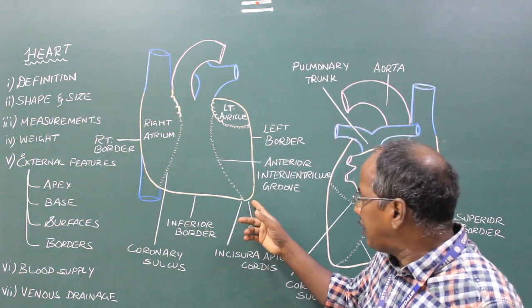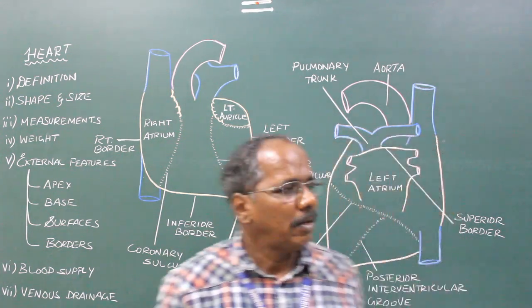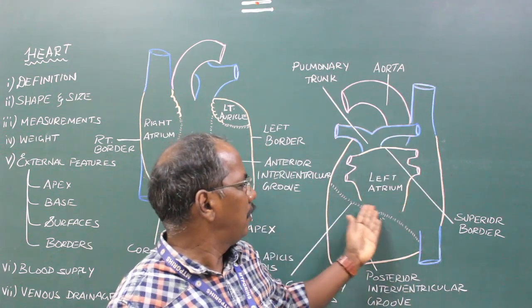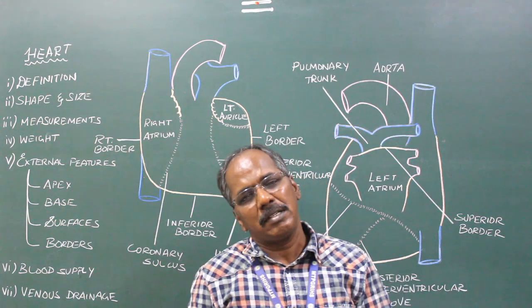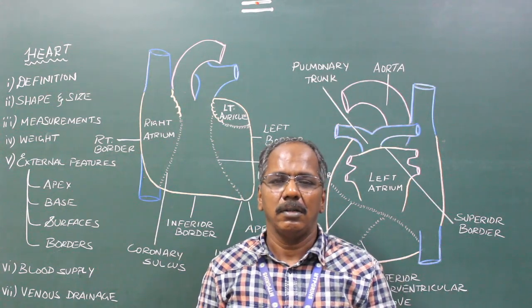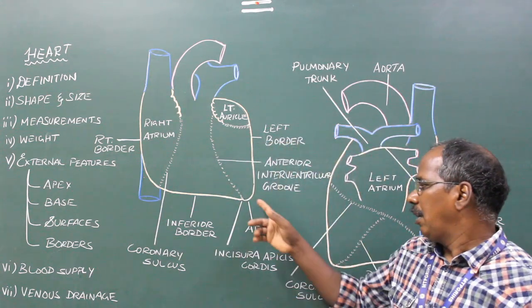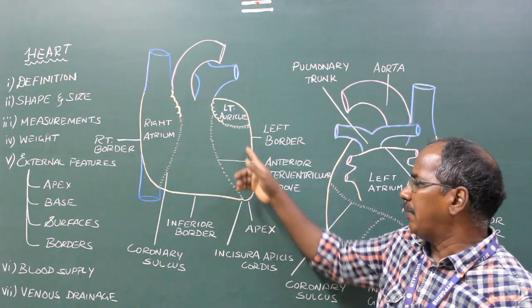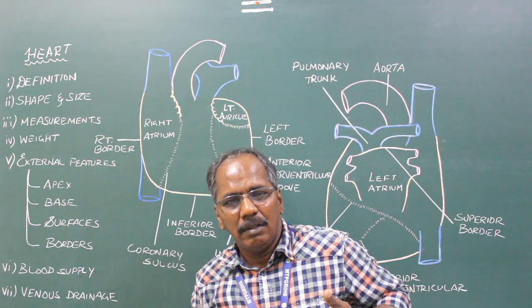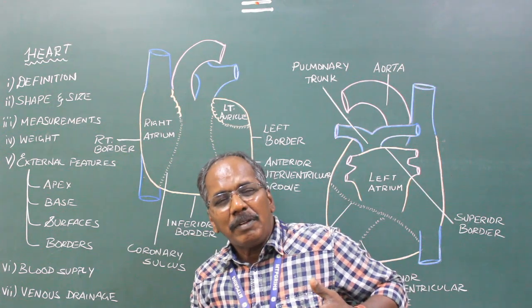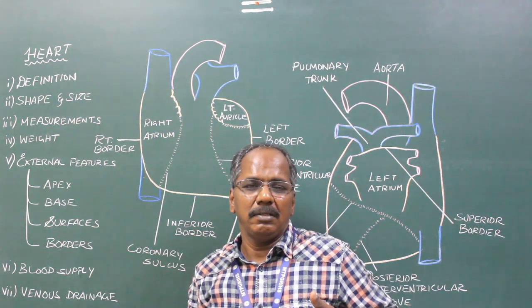It has an apex, a base, 3 surfaces and 4 borders. Apex. The apex is formed by left ventricle and it lies at the level of left fifth intercostal space.